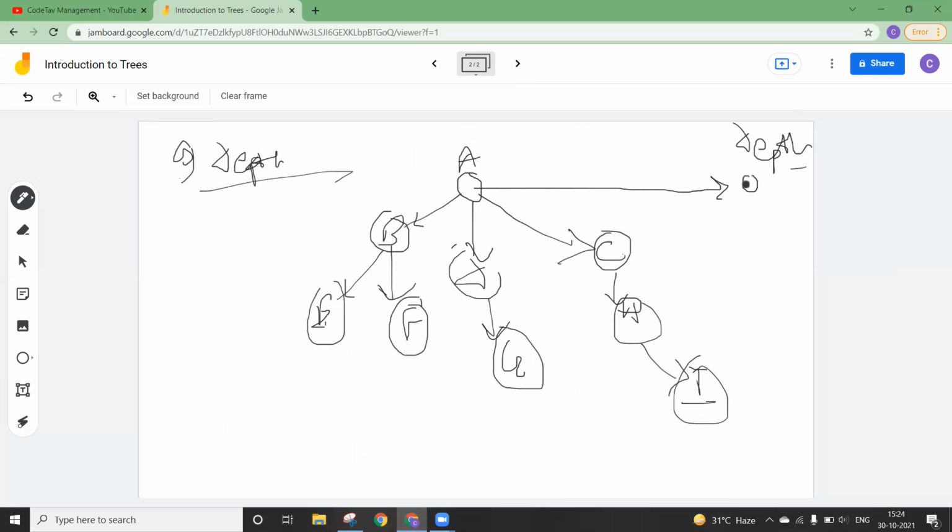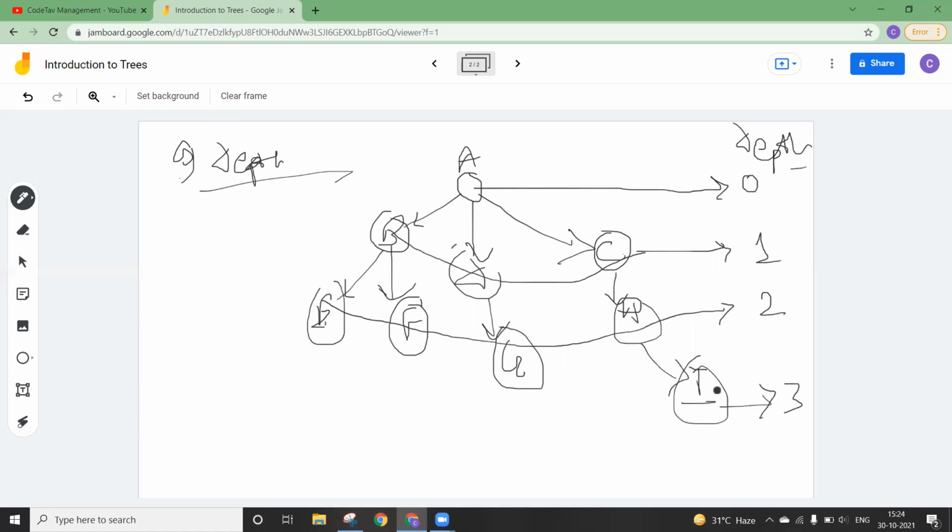For A, the depth is 0. For B, C, D, the depth is 1. For E, F, G, H, the depth is 2. And for I, the depth is 3. Clear?